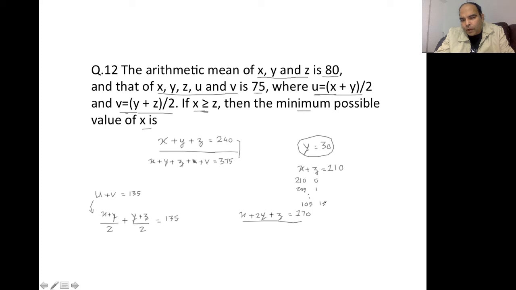This is the minimum value because you cannot take x below 105, because the moment you go to 104.99, z will become larger, which is not possible because the problem says that x is greater than or equal to z. So the answer to this question will be 105.